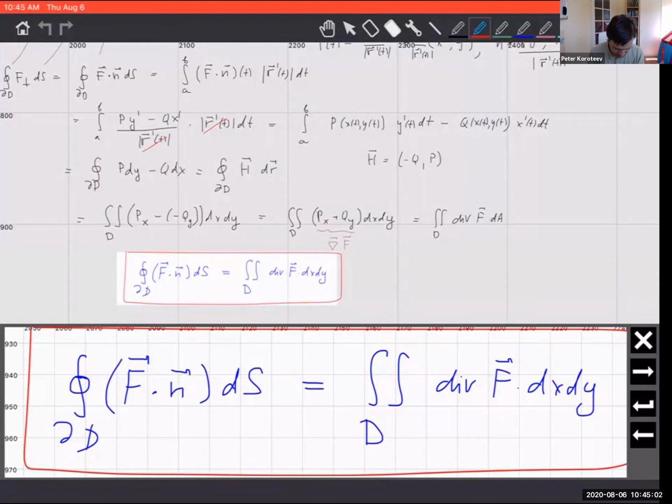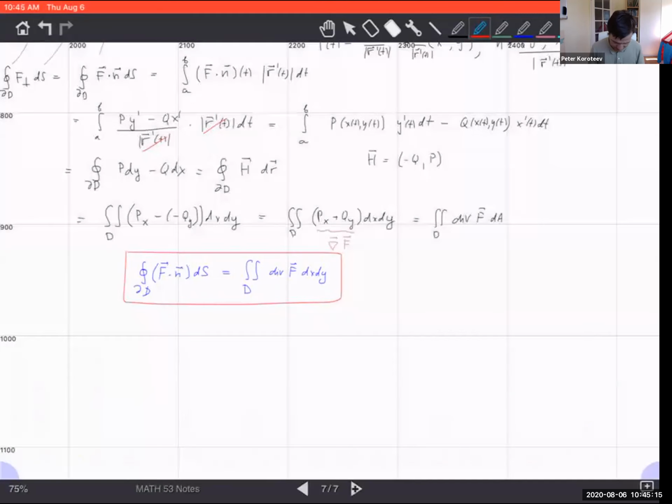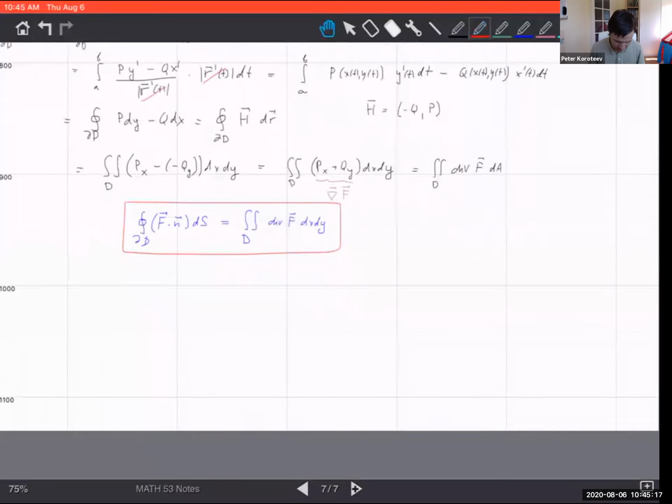So coming back to electrodynamics, to our favorite electricity, this is one of Maxwell's equations, which describes electrodynamics.